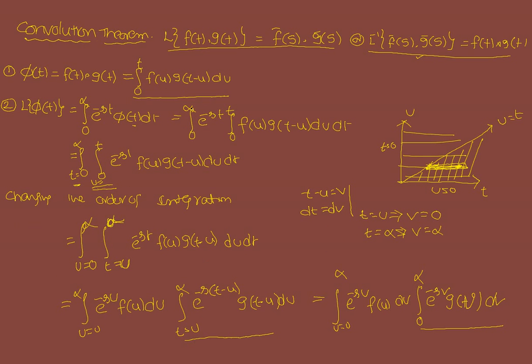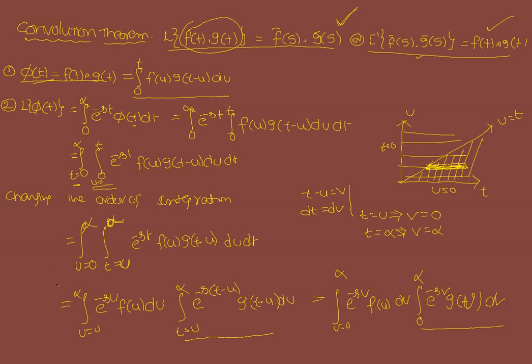Okay. So first one, the convolution theorem statement is this one. You can write this in terms of L inverse, this is in terms of the Laplace. So this phi of t, f of t into g of t, I consider it as phi of t. First step is this one.